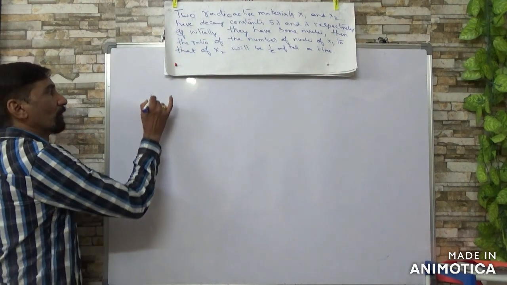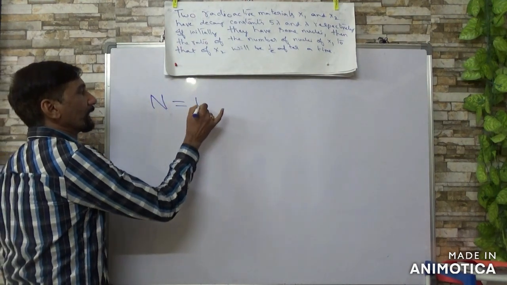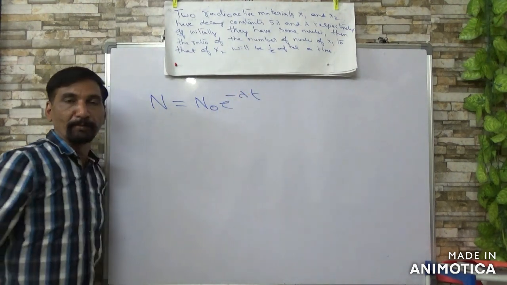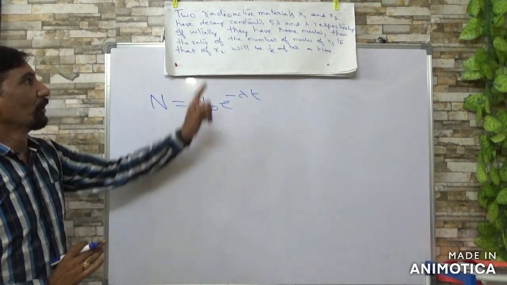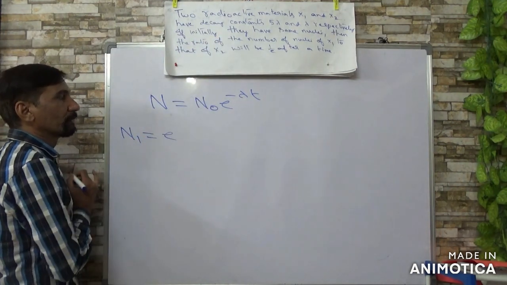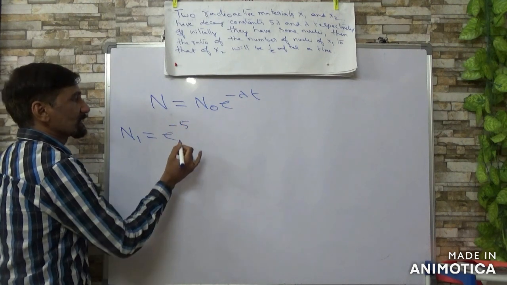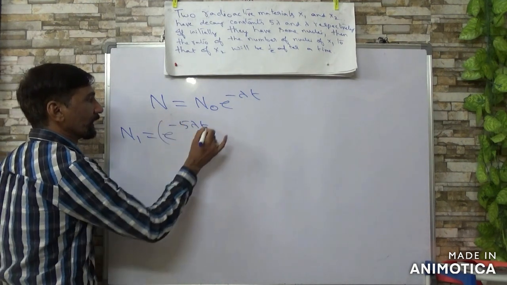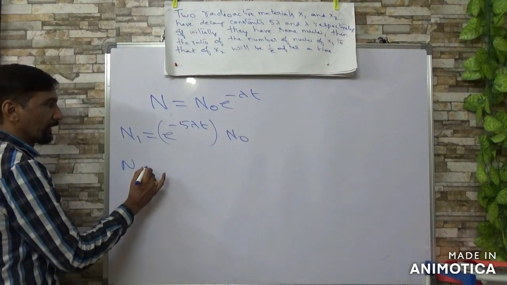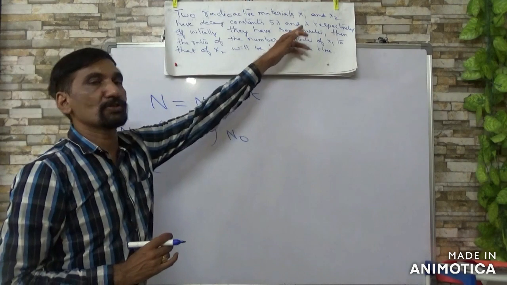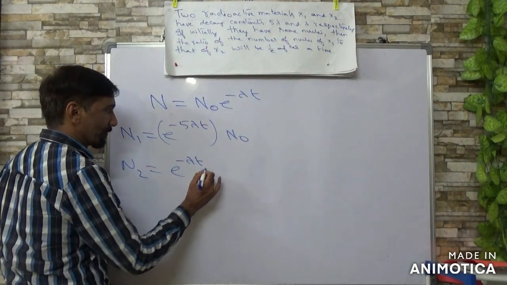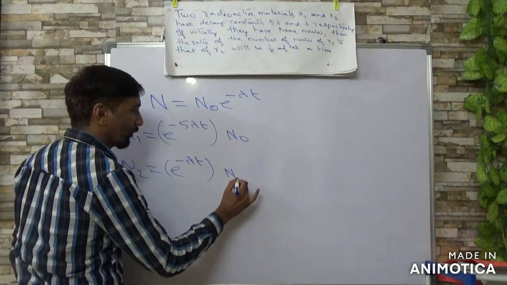So according to the law of radioactivity, N equals N0 into E power minus lambda T. Now about the first one, N1 is equal to E power minus 5 lambda T into N0. Second one, N2, decay constant is lambda, so E power minus lambda T into N0.